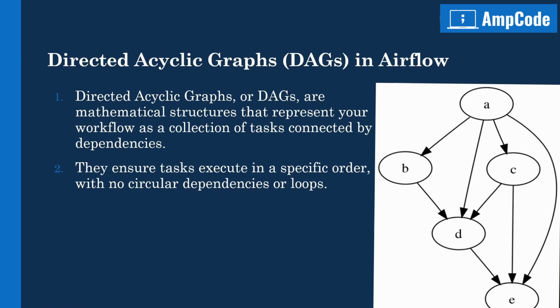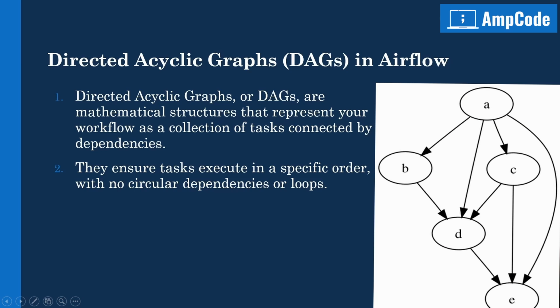So this task is kind of having dependencies on the previous task, and you have to ensure that this task should be executed in a specific order and it shouldn't have any circular dependencies or loops.